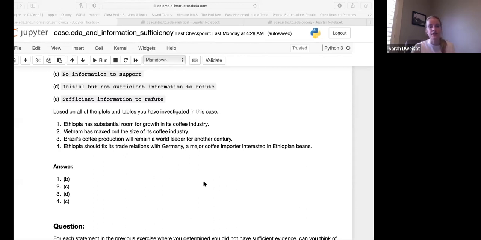So let's go ahead and discuss our number 3. Brazil's coffee production will remain a world leader for another century. The correct answer here is that we have initial but not sufficient information to refute this. We have seen other countries. We saw in our regions pie graph and our bar graph that there are other countries that are actually coming up.